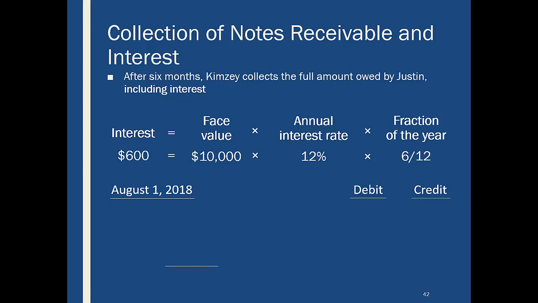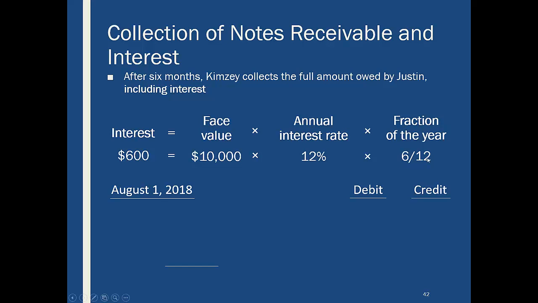Okay, so then after 6 months, the company that loaned out the money collects the entire amount from the person that owed that money, including interest. So how do we figure out our interest? We take how much of it was borrowed times the annual interest rate, which was written on the face of the note, and the fraction of the year. This was a 6-month note.